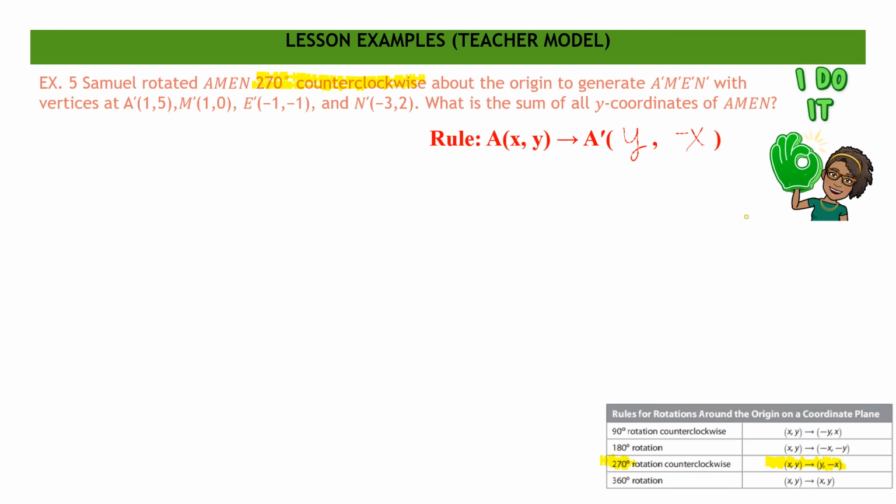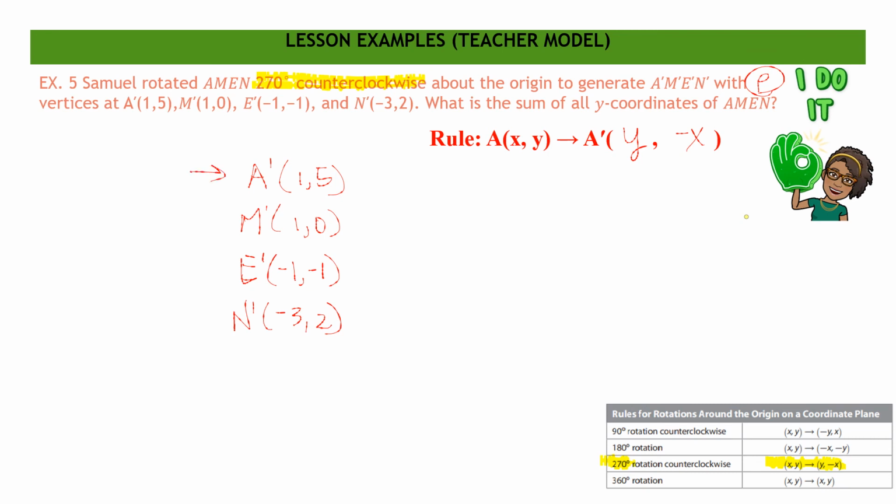And they want to know what would be the sum of all the y coordinates of the pre-image. So remember, this right here is our pre-image. So our image points we have as A prime (1, 5), M prime (1, 0), E prime (-1, -1), and then N prime (-3, 2).